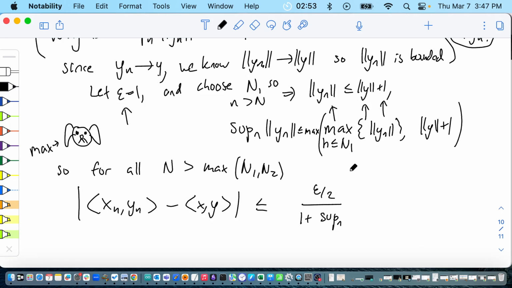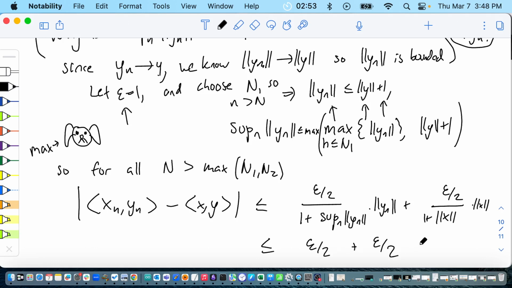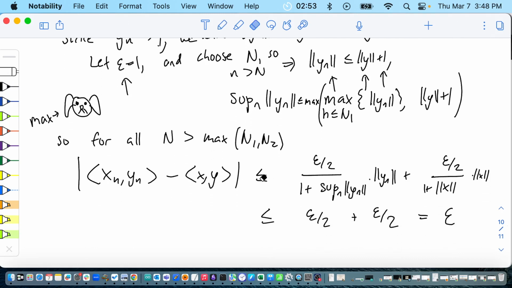Sup over n of norm of yn, plus epsilon over 2 times norm of x plus 1, times norm of x, and that whole thing is less than epsilon over 2 plus epsilon over 2 equals epsilon. Okay, and this should be strictly less than. So there you go.